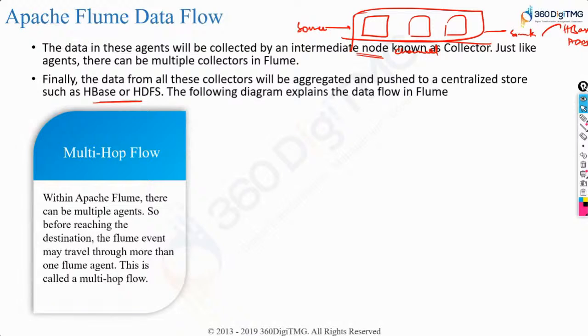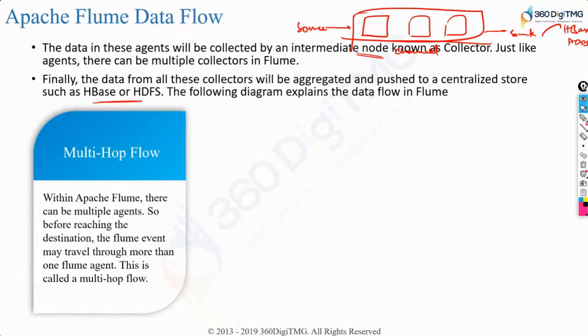These agents collect the data from the source, temporarily store it, and then push it to the destination. That's all it does. But the data flow can happen in three different forms: we can have multi-hop flow, fan out flow, or fan in flow.